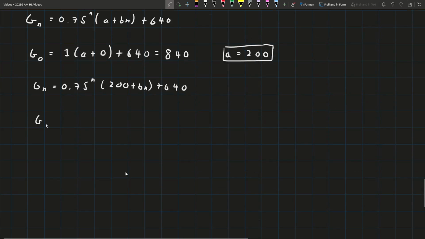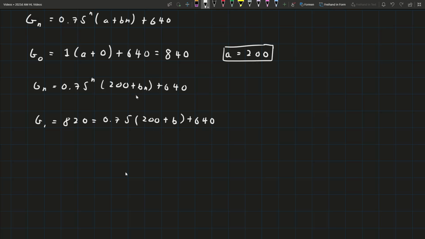So we have G1 is equal to 820, and we replace all the n's with 1, so we get 0.75 times (200 plus b times 1, which is just b), plus 640. Bring the 640 to the other side, and 820 minus 640 is 180. So we'll have 180 equals 0.75 times (200 plus b). I might actually expand that bracket out as well.